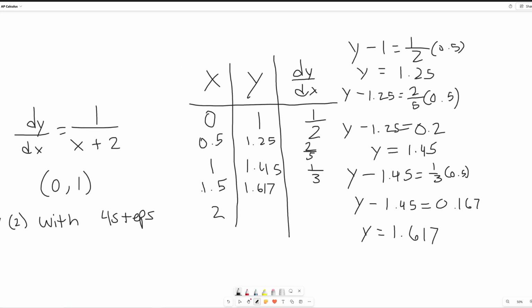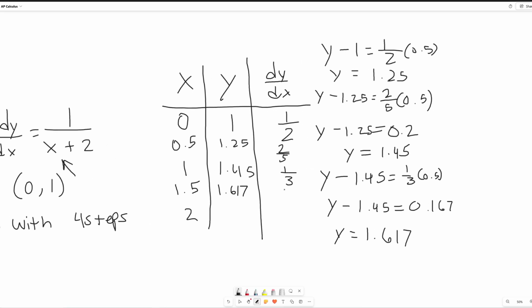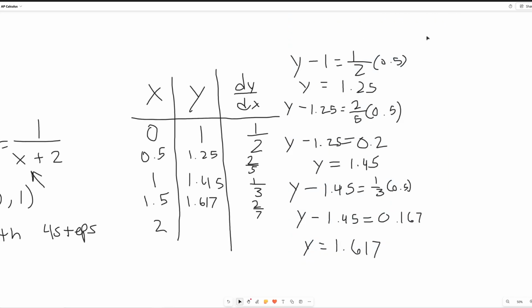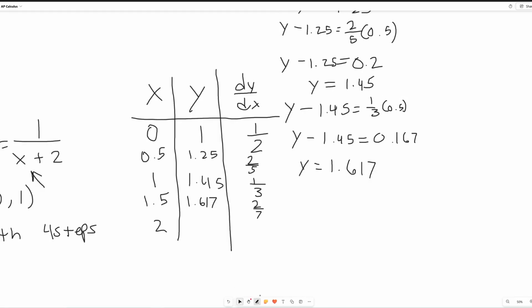Now we have 1.5 plus 2. So 1 over 3.5 is going to be 2 over 7. And then I'm going to move this up again. And then we have y minus 1.617 equals 2/7 times 0.5.